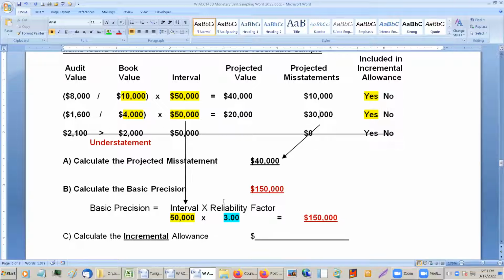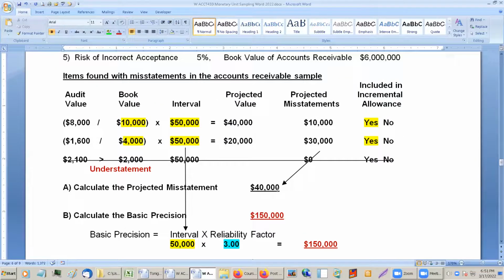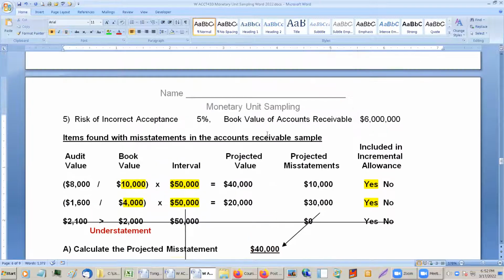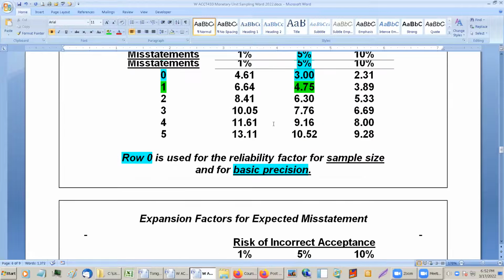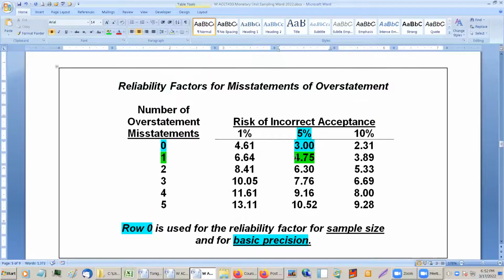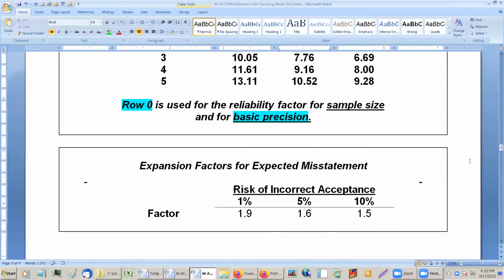If we didn't have any misstatements, we'd be done. This would be 40,000 plus 150,000 for the sampling, but because we have these two, and again, this incremental allowance is a wacky thing because it takes the increment from one reliability factor to the next and then subtracts out 1 for it, and that's just the formula.